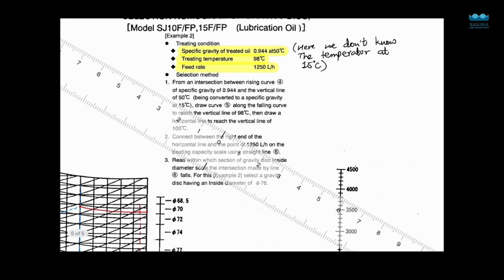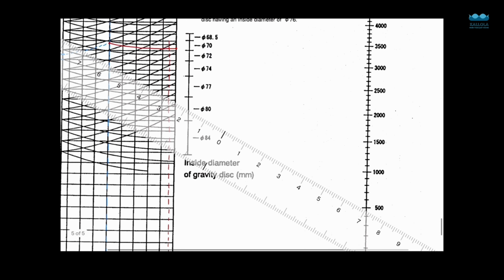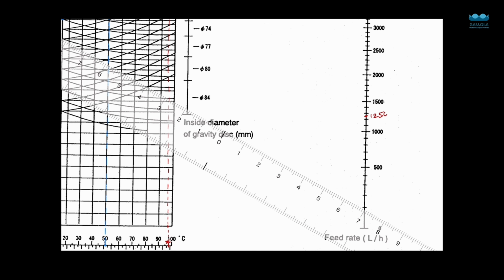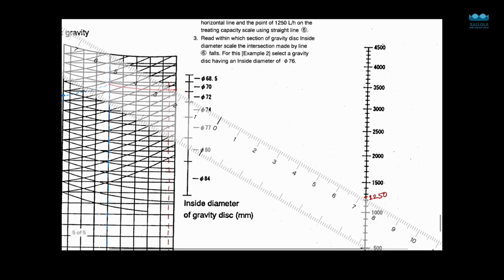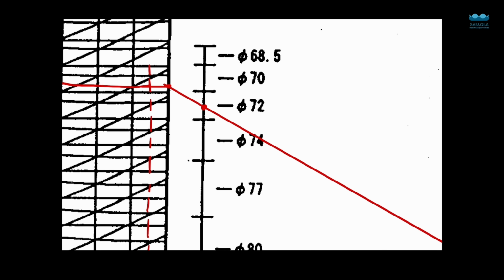We are given the feed rate, which is 1250 liters per hour. So we will just mark 1250 liters per hour on this given line. And now we will just join these two points, this one and this one. Now the point where it cuts the line falls in this region. So in this region we have to use a 72 millimeter inside gravity disk.